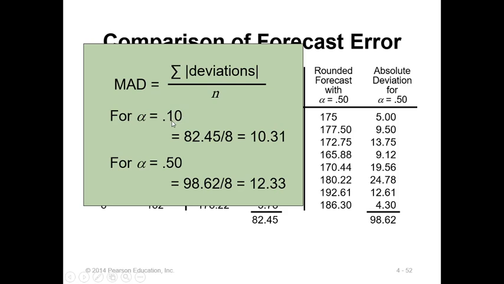When alpha is 0.10, for the MAD, we have a forecasting error of 10.31. But when alpha is 0.50, we have a higher mean absolute deviation, which is error, 12.33. So this proves that alpha 0.10 is better than alpha 0.50.